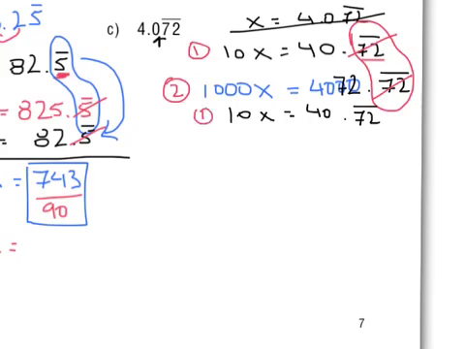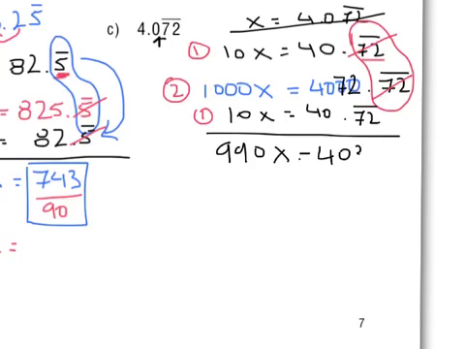So I'm just going to subtract those, and again 1000x minus 10x gives me 990x, and then 4072 minus 40 gives me 4032, and again the repeating part cancels out.